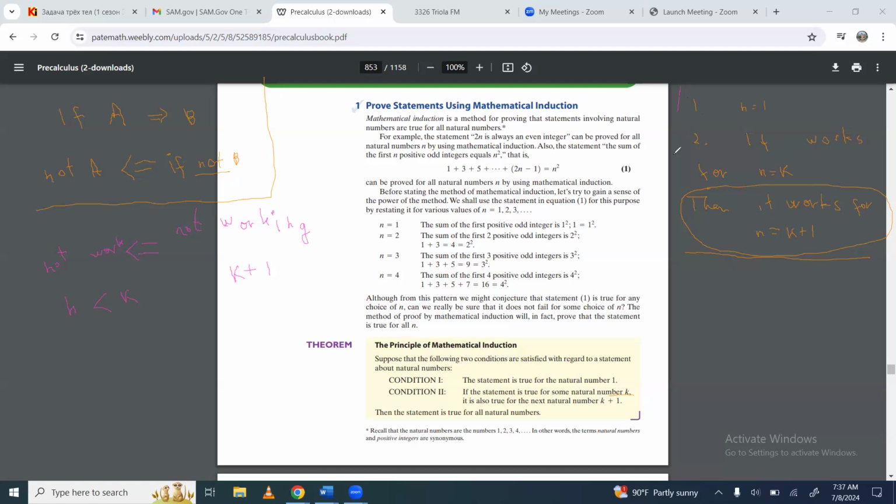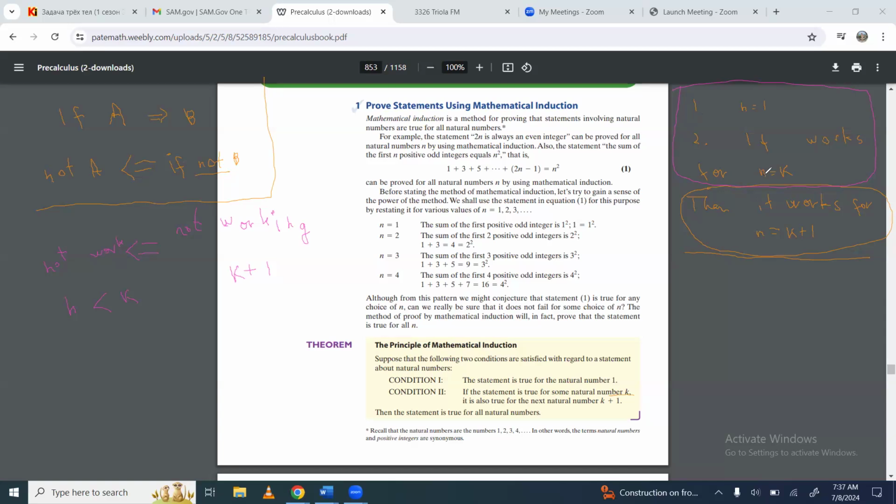These two are given, and then we show that this is not working for k. That's what the second part is.